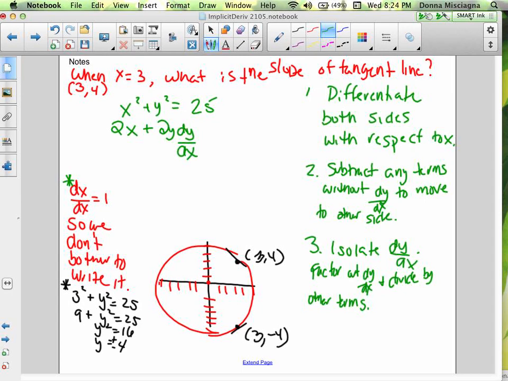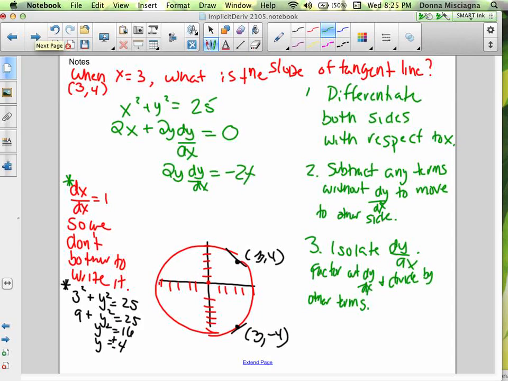So we have 2x plus 2y dy dx equals, and the derivative of a constant is 0. Right? So we're almost done. Now we need to gather up the terms with dy dx on one side and the terms without dy dx on the other side. So we'll subtract 2x from both sides. So we have 2y dy dx equals negative 2x. We just subtract 2x from both sides.